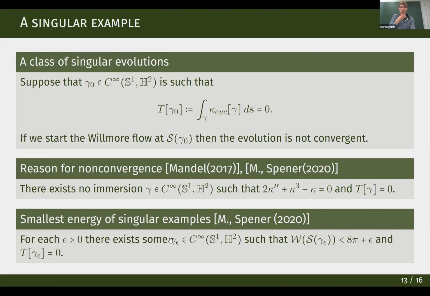And indeed, just slightly above the threshold of 8 pi, you can find curves that have total curvature 0. You can find those curves, and they will look like this 8-type example that I gave you some slides ago. So just slightly above 8 pi, you get those singular evolutions, and you get a whole class of them.